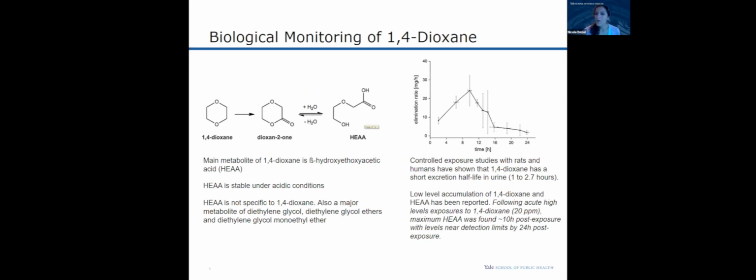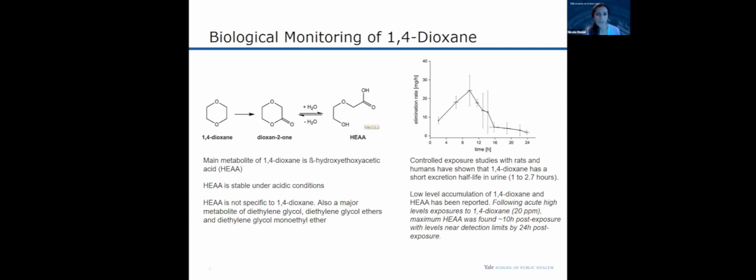Okay, so for biomonitoring of dioxane, there have been some studies investigating this, conducting biomonitoring. Dioxane is rapidly metabolized to HEAA as its main metabolite. One issue with using this in a health study is that it is not a specific biomarker, so it's not specific to 1,4-dioxane.